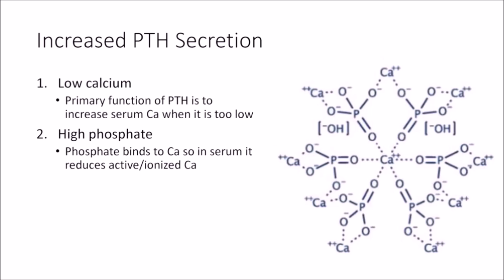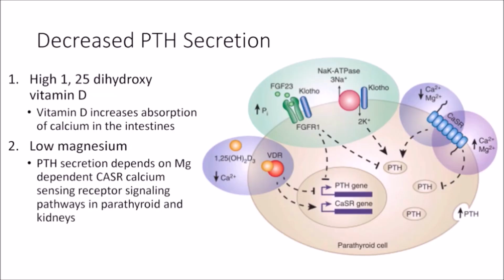Furthermore, it's increased in high phosphate environments because phosphate binds to calcium and inactivates it. High vitamin D decreases parathyroid hormone secretion because it increases absorption of calcium in the intestines. So if you have more calcium in the body, then you don't need PTH to increase the calcium in the blood. Furthermore, PTH is extremely dependent on magnesium to properly function, and magnesium acts as part of the signaling pathway for the calcium sensing receptor.